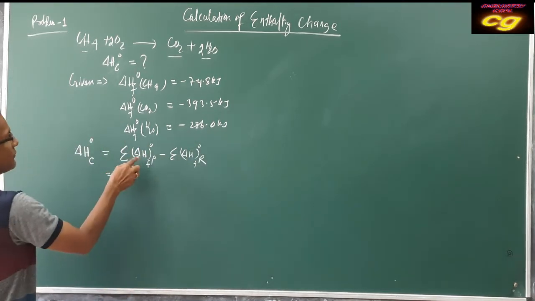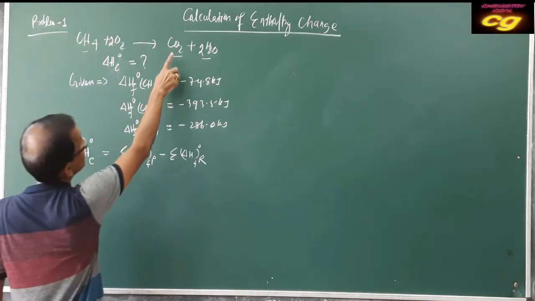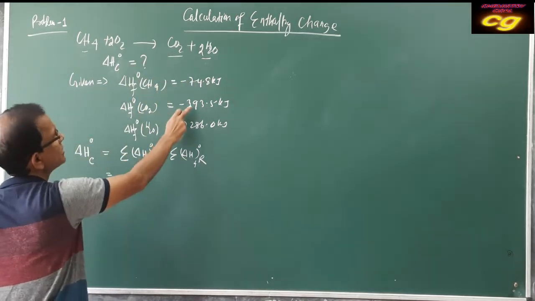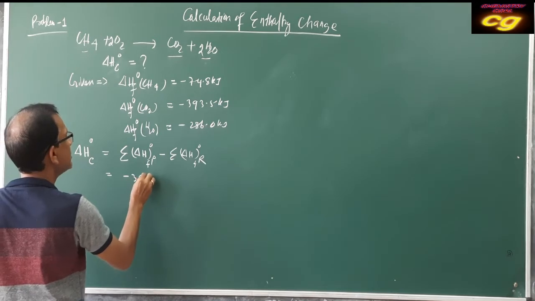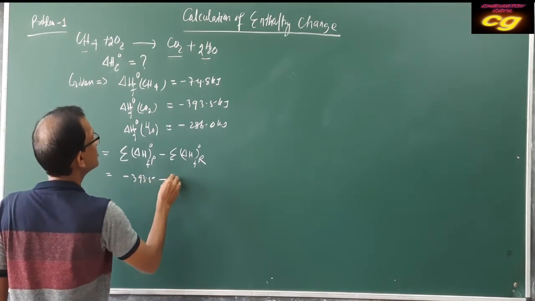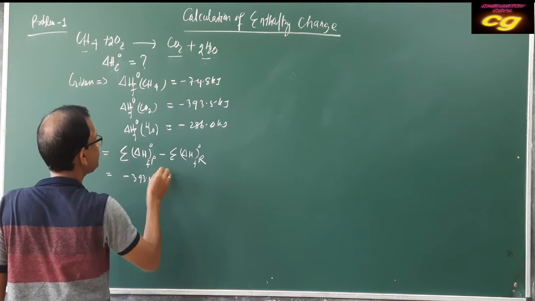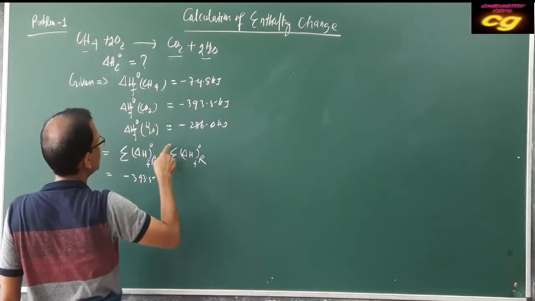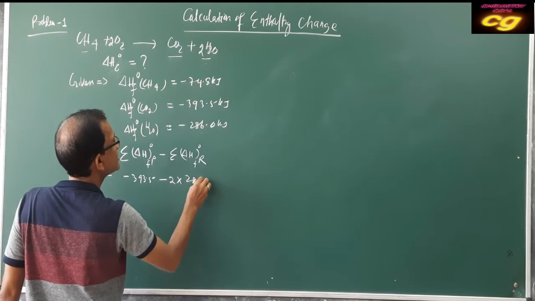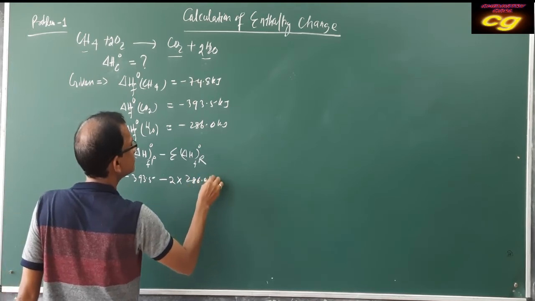What is the enthalpy of formation of the products? The products are CO2 and water. One CO2 is minus 393.5, plus water, 2 into minus 286 kilojoule.